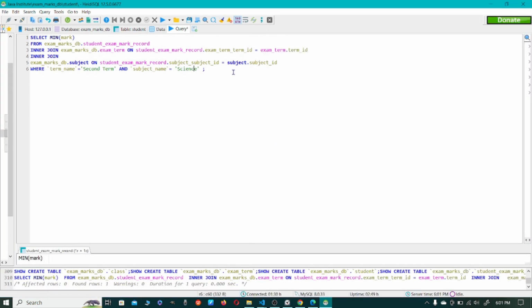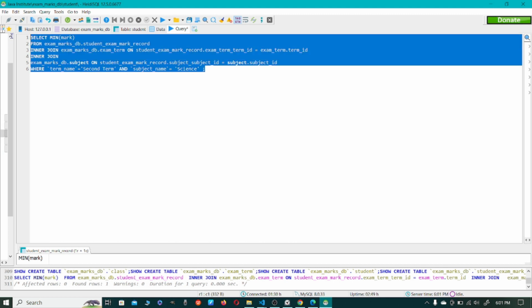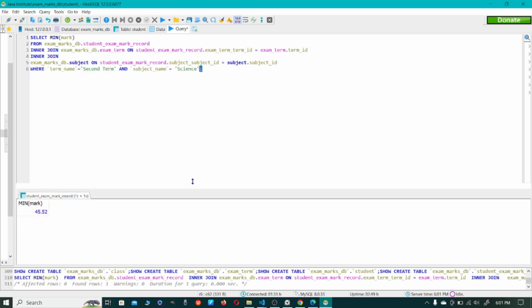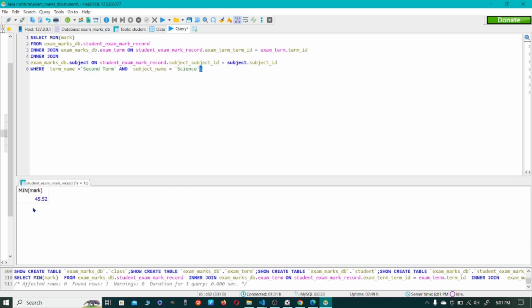As you can see, I'm done typing the third query. We have inner joined three tables, and we have used the keyword min, and we have used our term name as second term and subject name as science for our condition. I have executed the query. Let's see the answer. This is our answer, 45.52.